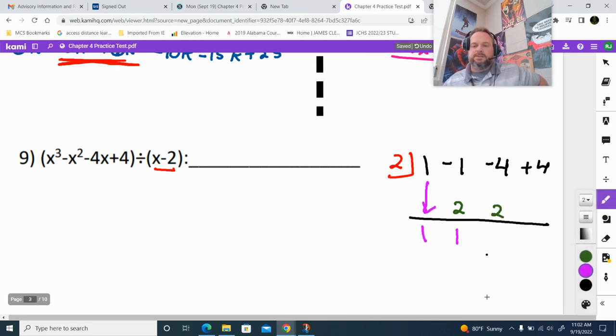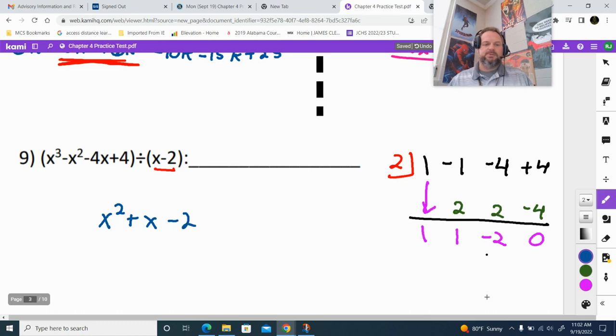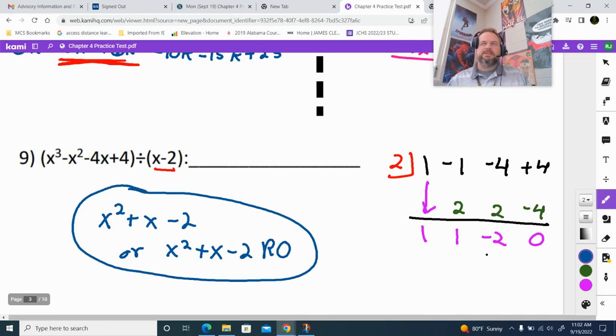Negative 4 plus 2 is negative 2. 2 times negative 2 is negative 4. And this gives us 0. So when we write this, this would actually be x squared plus x minus 2, remainder 0. Either one of those is acceptable.